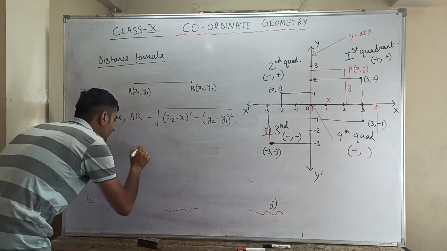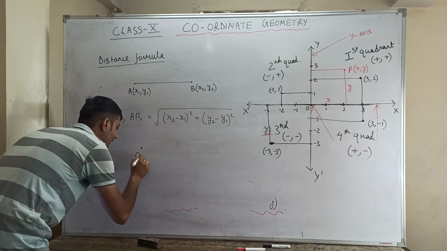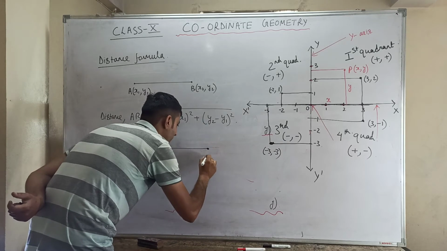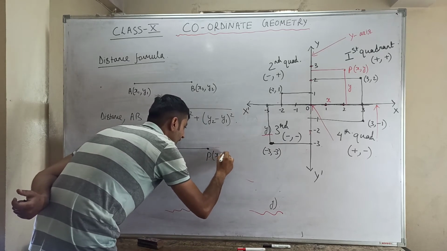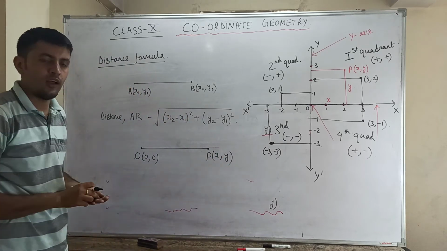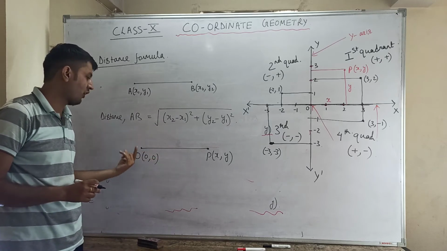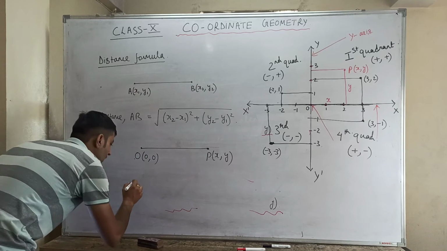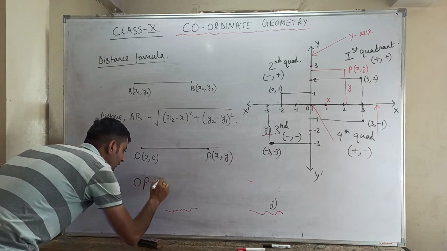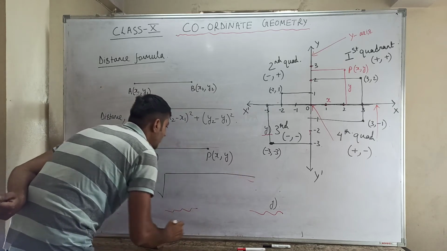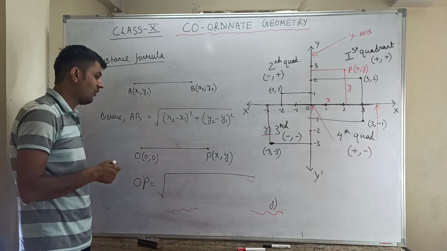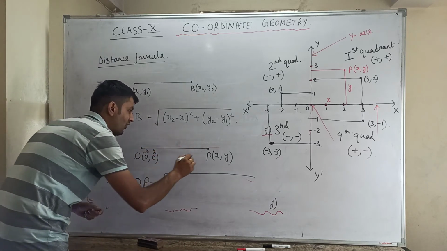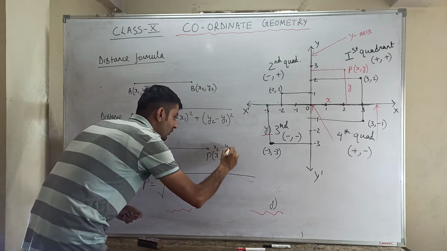Now suppose I have to calculate the distance between 0, 0 and one more point P, x comma y. Suppose I need to calculate the distance from the origin to the point P, x comma y. So how will you do it? You will write down OP. OP is equal to, now see, your x1 is this, your y1 is this, your x2 is this, your y2 is this.